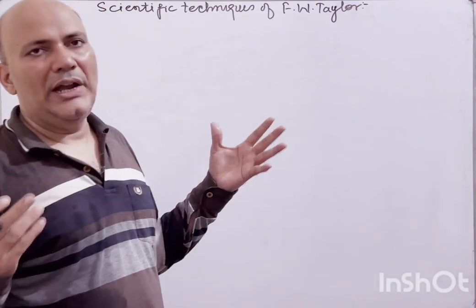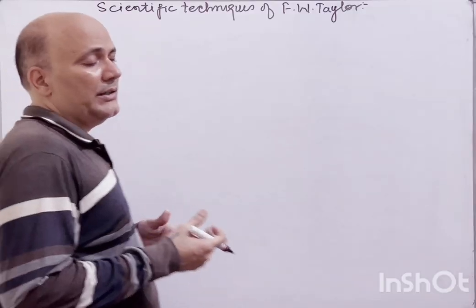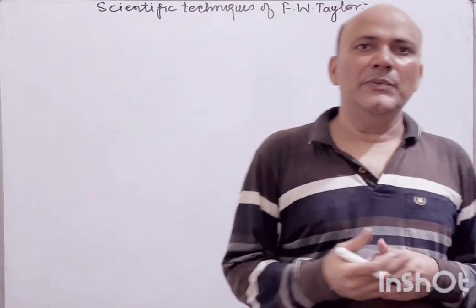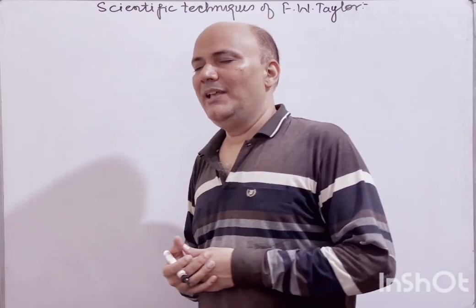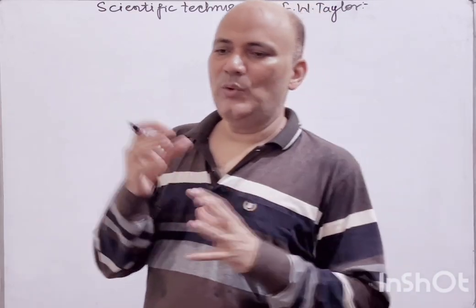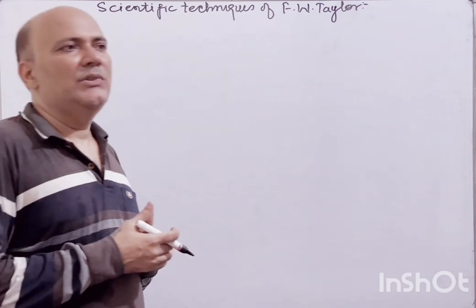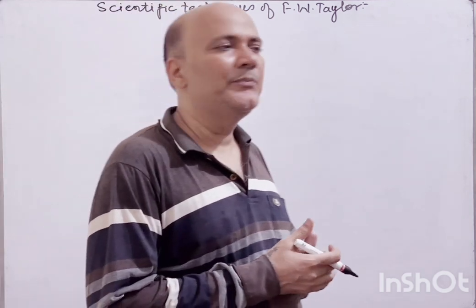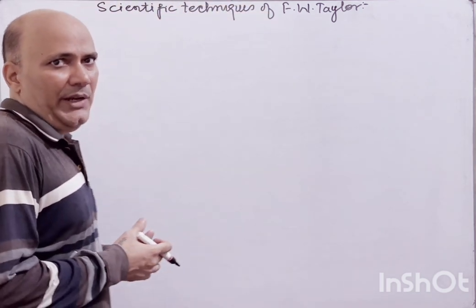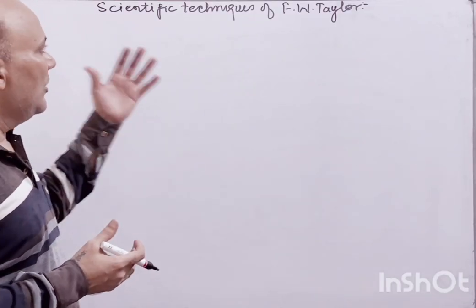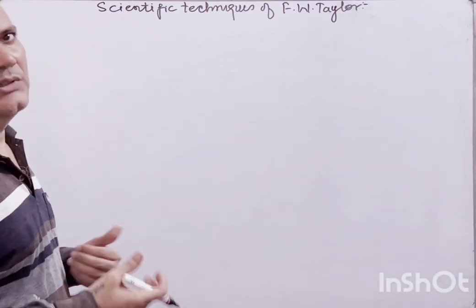Principles are the general guidelines, and scientific techniques are the things which he experimented with in the Bethlehem Steel Company and the other organizations he worked with. He experimented with the employees and came up with some techniques which should be used in shop floor management, mostly in factories, and those are being used in today's world as well.